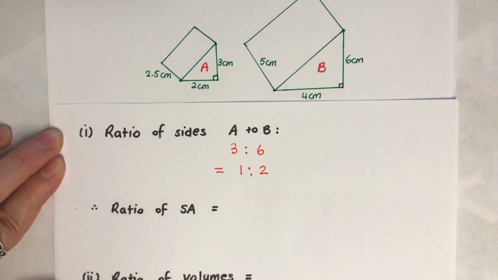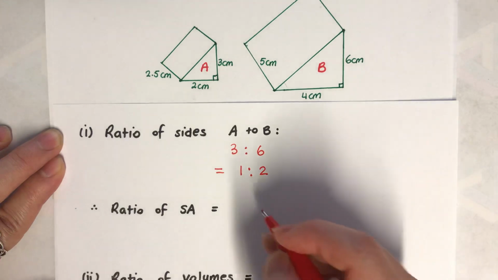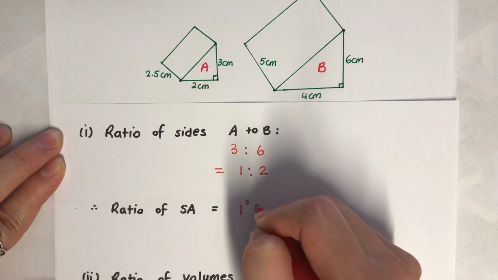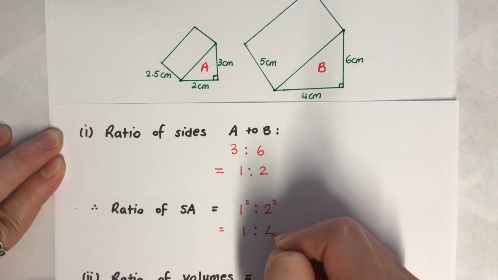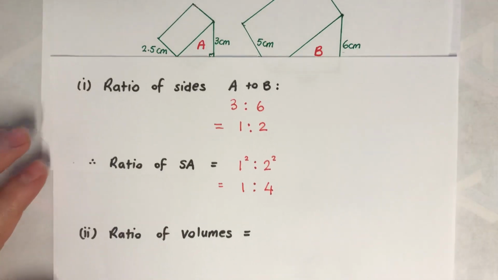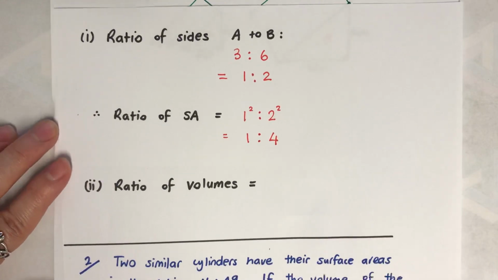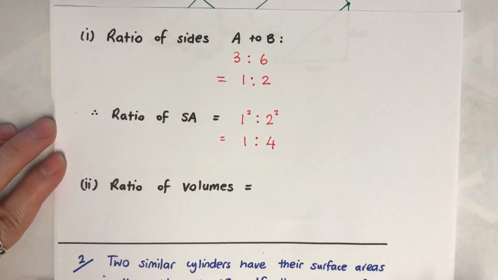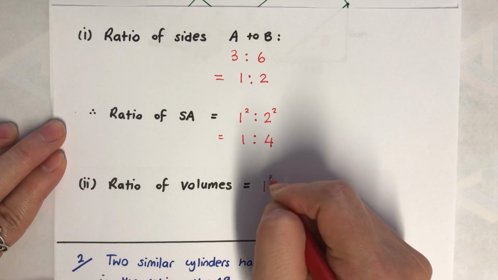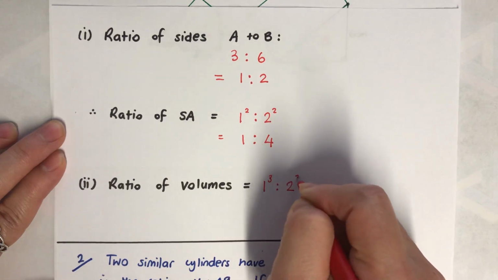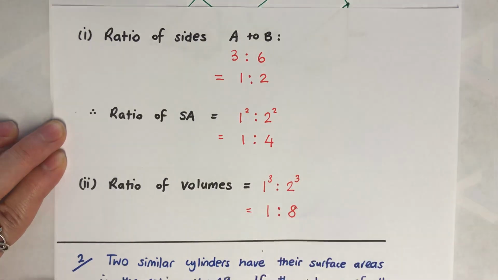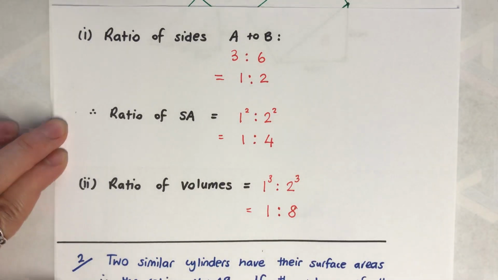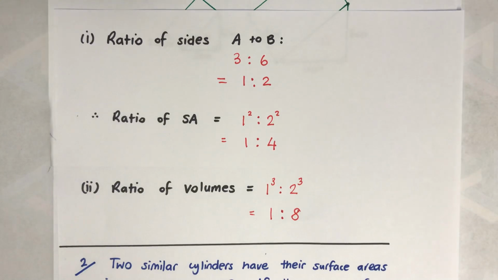SA stands for surface area. So the ratio of the surface areas will be 1 squared to 2 squared, which is 1 to 4. The ratio of volumes is the same, except 1 cubed to 2 cubed, which is 1 to 8, because 2 times 2 times 2 is 8. So that's the ratio of volumes for these prisms.